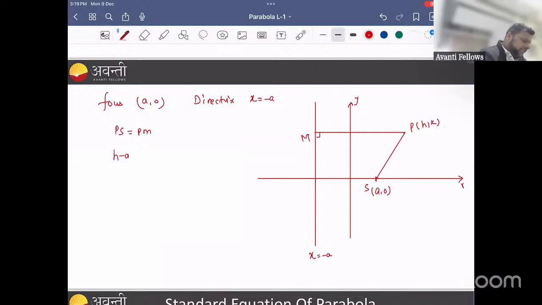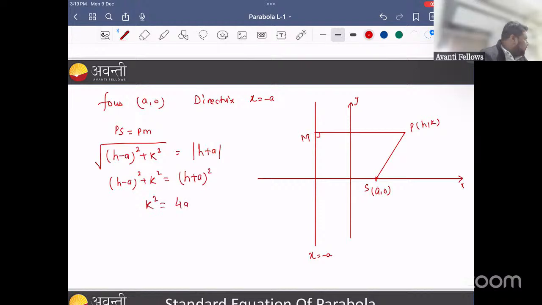So PS is what? The square root of (h minus a) whole square plus k square. PM is what? The distance between x equals minus a and (h, k). So it is mod of h plus a. Now if you square both sides, it is (h minus a) square plus k square equals (h plus a) whole square. So k square equals 4ah. So the locus is y square equals 4ax.